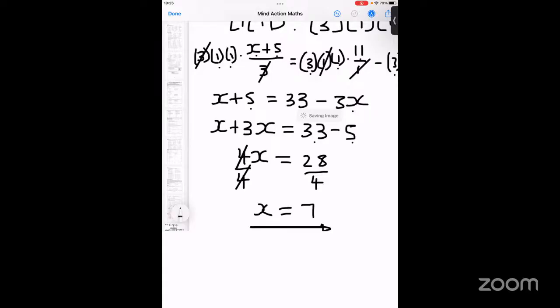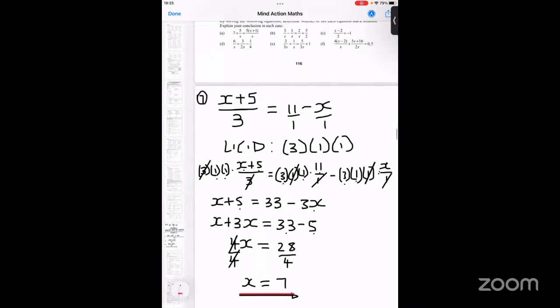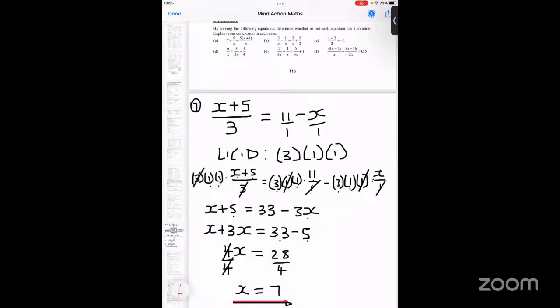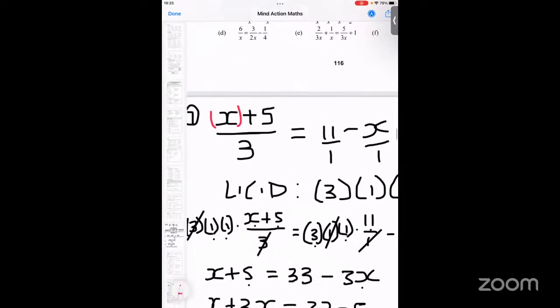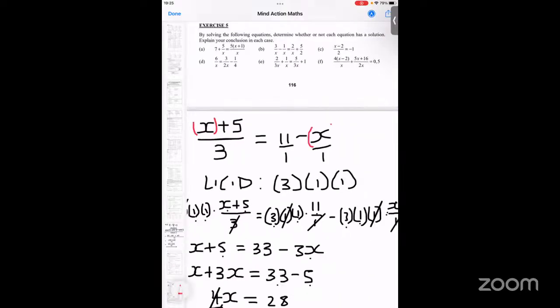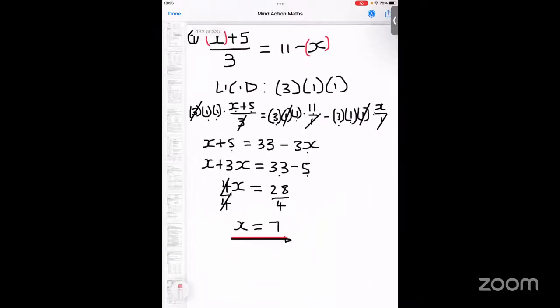Let's quickly prove if our answers are wrong or correct. How do we prove? In this case, our final answer is 7. So on the original equation, where we see x, we put 7. You put 7 there, you put 7 there. Then you check if left and right give you the same answer. If they give you the same answer, then 7 is correct.